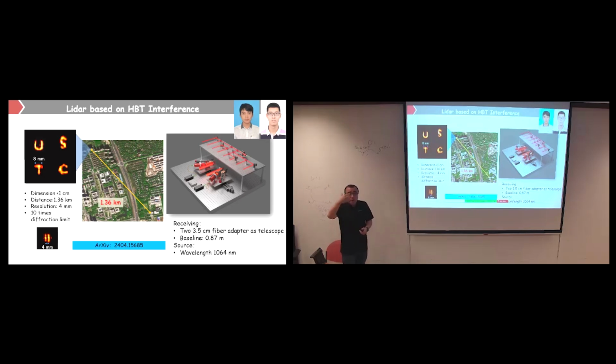The debris themselves are not a light source, so you need some LiDAR. But LiDAR sometimes has a diffraction limit. So if you use a method like the HBT interferometer, then you can do super resolution LiDAR and observe the space debris. That's what I was thinking.